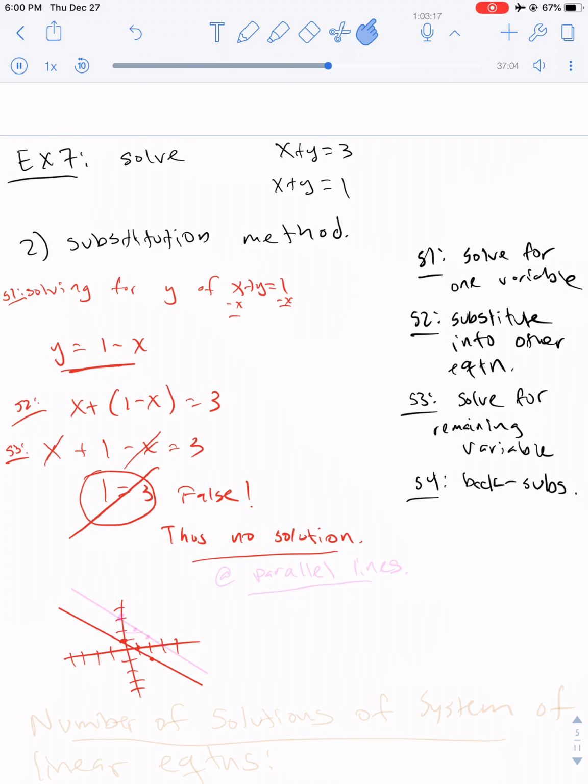Roughly fitting right there. The other line, if I subtract x on both sides, is going to be y equals 3 minus x. So 1, 2, 3, down 1 over 1, and so on.